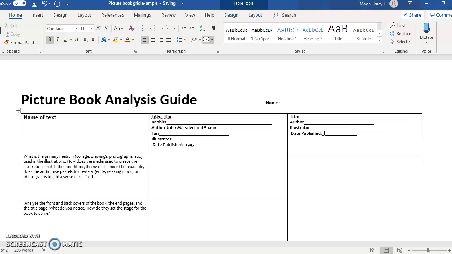All right. So, what is the primary medium? I'll write over here. Primary medium seems to be painted and then enhanced through a computer program.